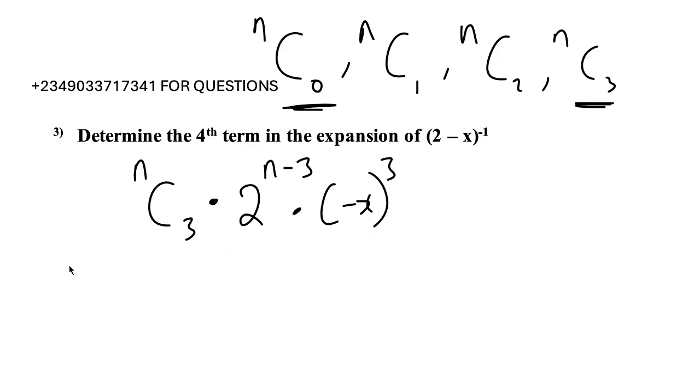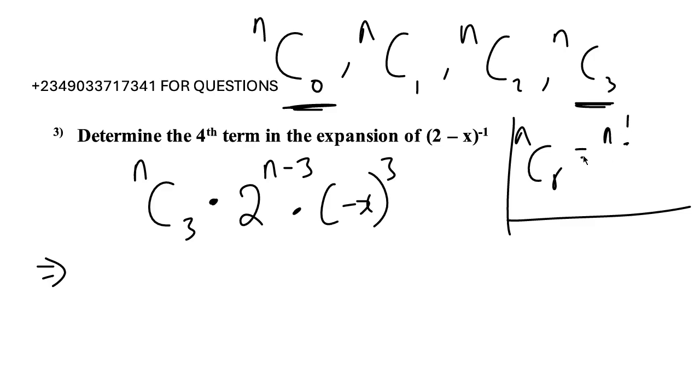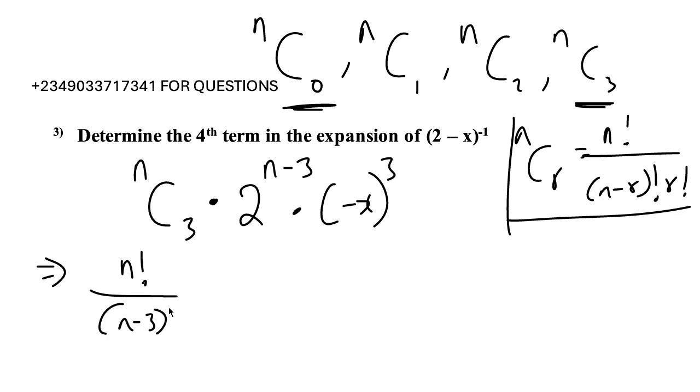Simplify n combination 3. If you simplify n combination 3 using the factorial formula, let me write it here. n combination r is equal to n factorial over n minus r factorial. So for n combination 3, we have n factorial over n minus 3 factorial, right?